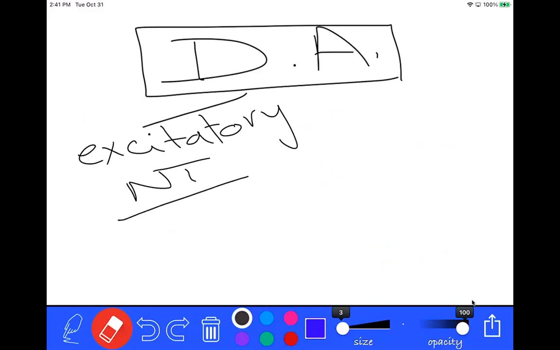It leads to excitation of the next neuron. And because of this, you get the positive symptoms of schizophrenia, like the aggression and hallucinations. All the positive symptoms of schizophrenia result from the excitatory effect of dopamine in the mesolimbic system.